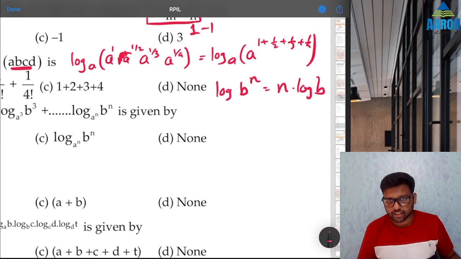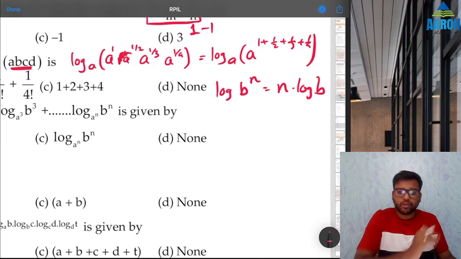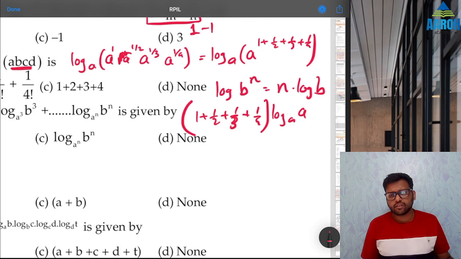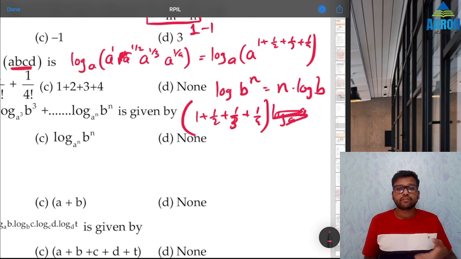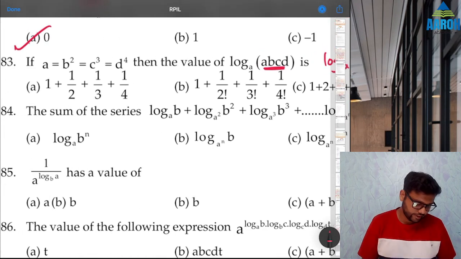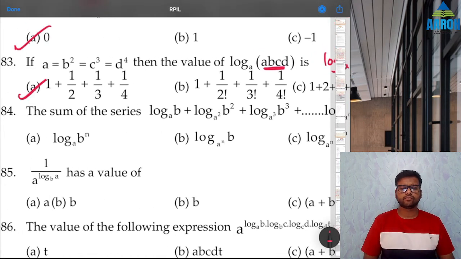So we can just take that power outside. So it will be 1 plus half plus 1/3 plus 1/4 into log a to the base a. Log a to base a is always 1. That means the answer is just 1 plus half plus 1/3 plus 1/4, option A. A is the correct answer.